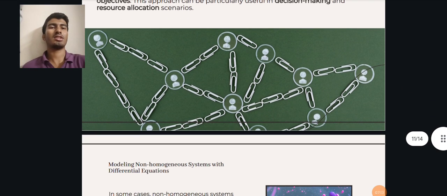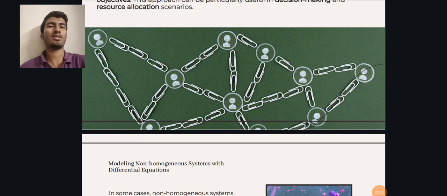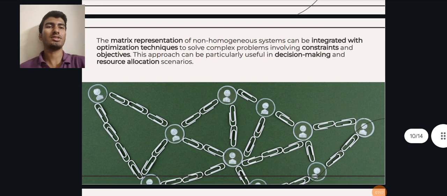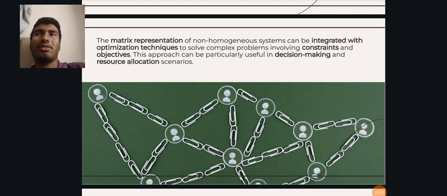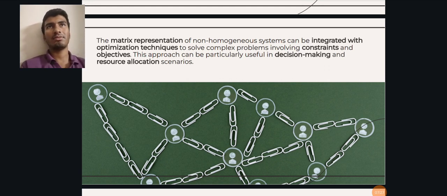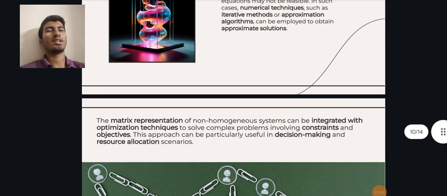Just like this graph, this matrix can be used in the traveling salesman problem, which is solved with the iteration method.